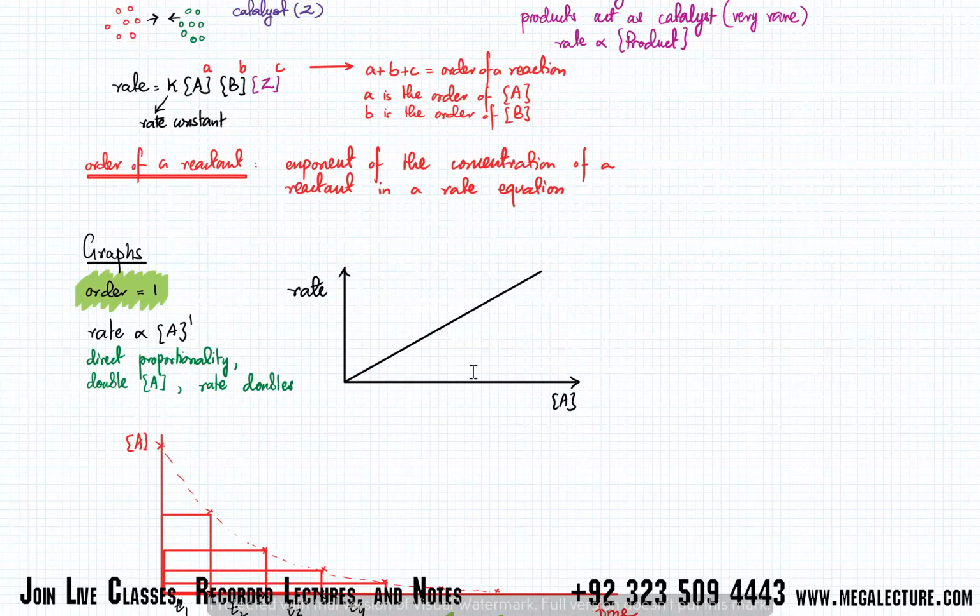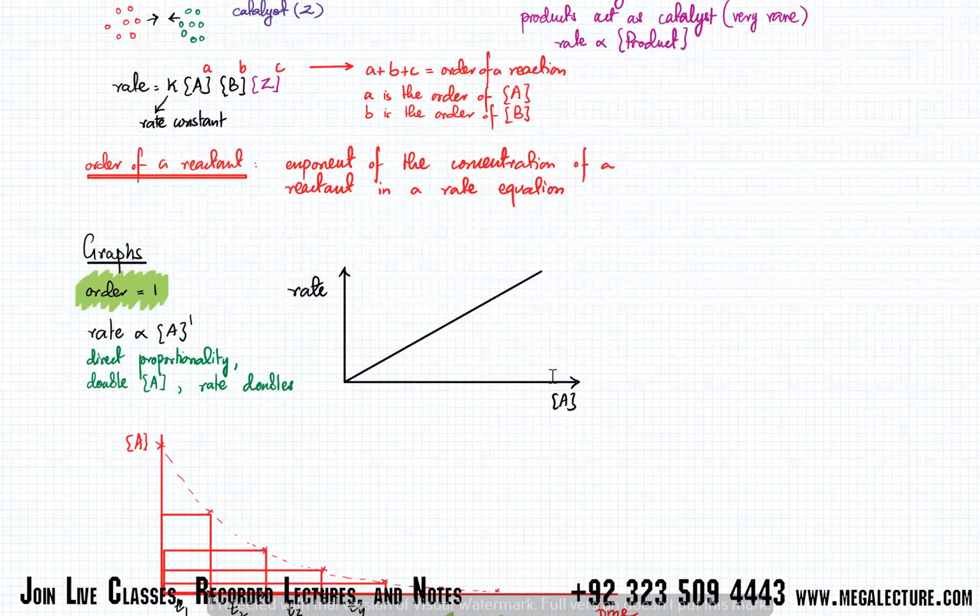You try to make a graph out of those variables, so you can figure out how they're interlinked. That's the purpose of any experiment. So for example, if you want to find out the relationship between A's concentration and rate, you're going to keep on varying A's concentration and plot different points. If you keep A's concentration low, the rate will come out to be less, if it's order 1, right?